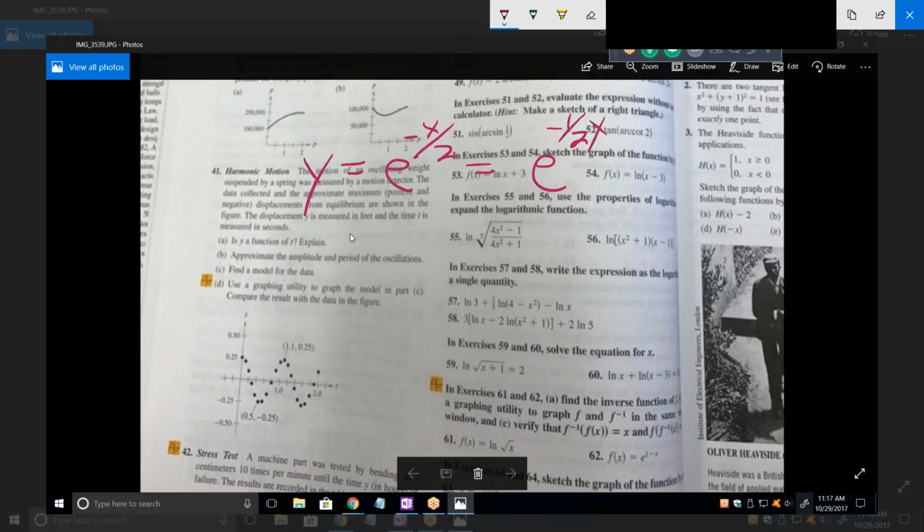Yep. And the e to the x function looks like this. Well, that negative sign means that it's going to be reflected over the y-axis, like that. It would graph it.